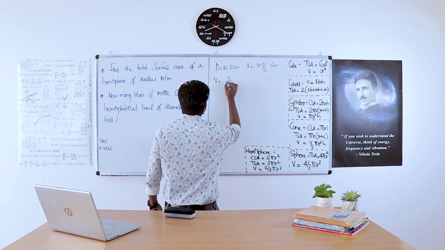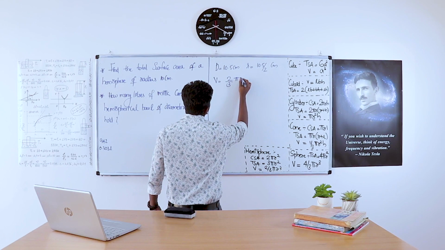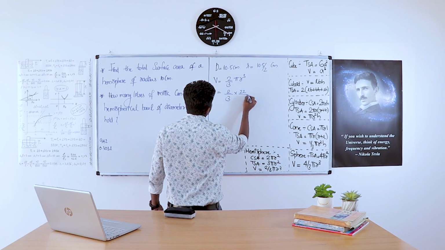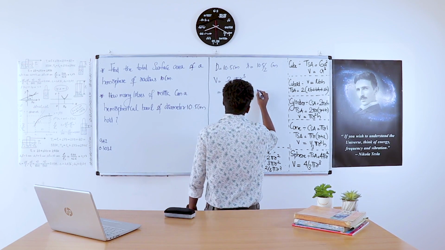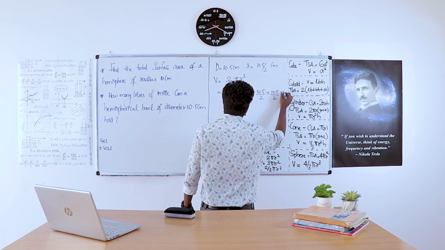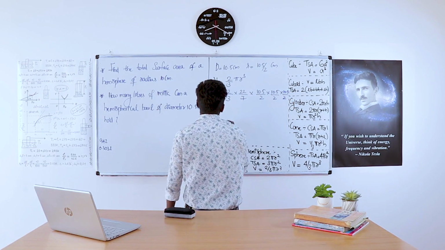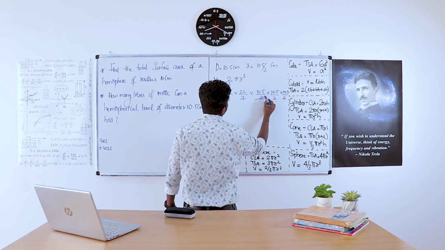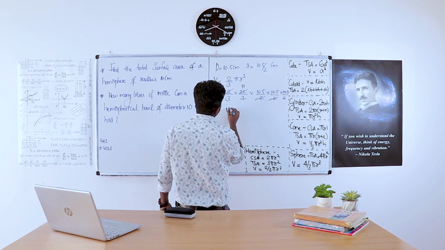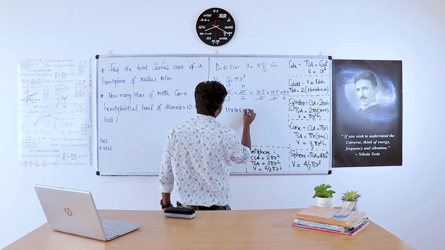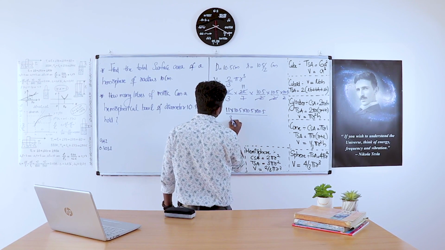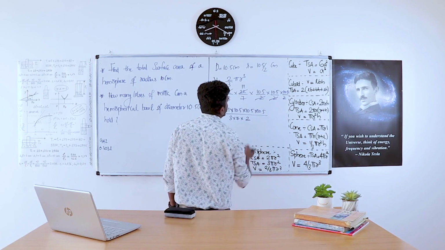Volume of a hemisphere is 2 by 3 pi r cube. That is equal to 2 by 3 into 22 by 7 into r cube. That is 10.5 by 2 into 10.5 by 2 into 10.5 by 2. So this 2 and 2 can be cancelled. 22 and 2 can be cancelled as 11. Then it becomes 11 into 10.5 into 10.5 into 10.5 all divided by 3 into 7 into 2.